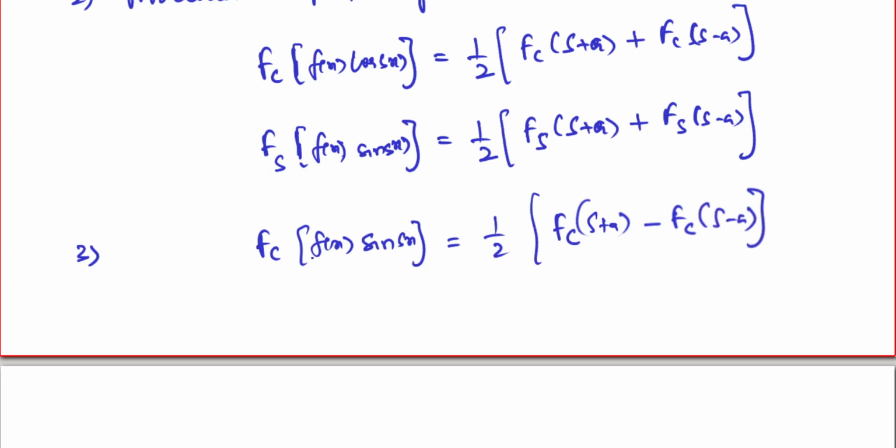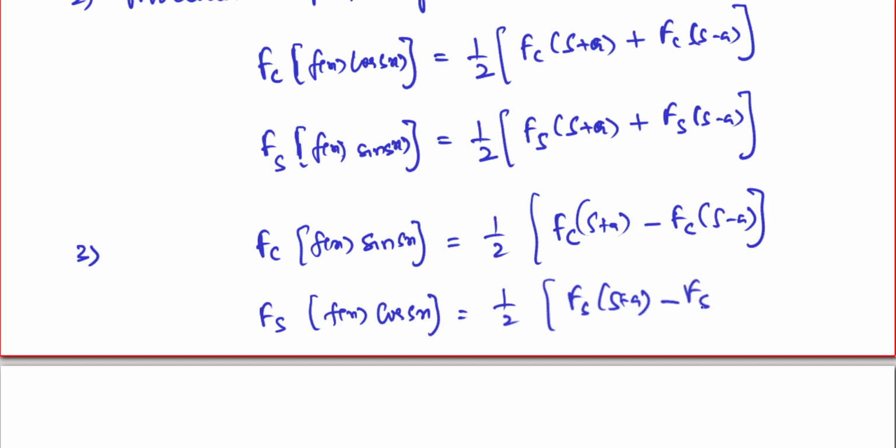So that's Fc of f of x sin ax, and the other one is Fs of f of x into cos ax, which is 1 by 2 times Fs of s plus a minus Fs of s minus a. So that's the modulation properties.